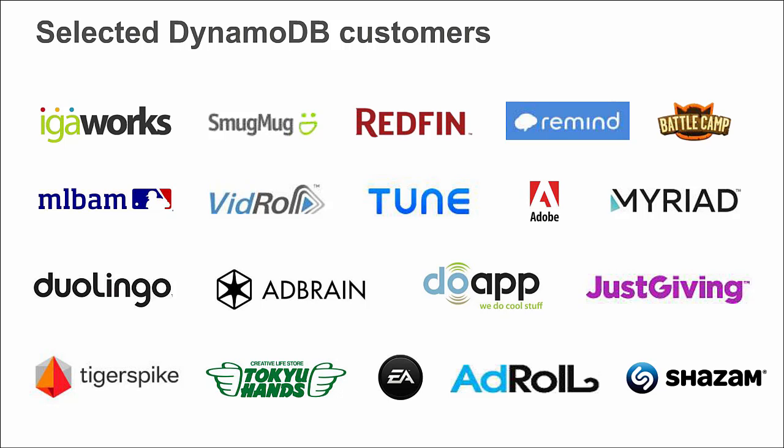Dropcam, they have a video streaming solution, and they are able to reduce the delivery time of video events from 5 to 10 seconds to a few milliseconds through incorporating DynamoDB into their overall application architecture. And Has Offers, they're a near real-time mobile and web marketing platform, and they've got lots of data providing ad hoc analysis, and they have over 2 billion items covering about 87 terabytes of data within their DynamoDB data store.